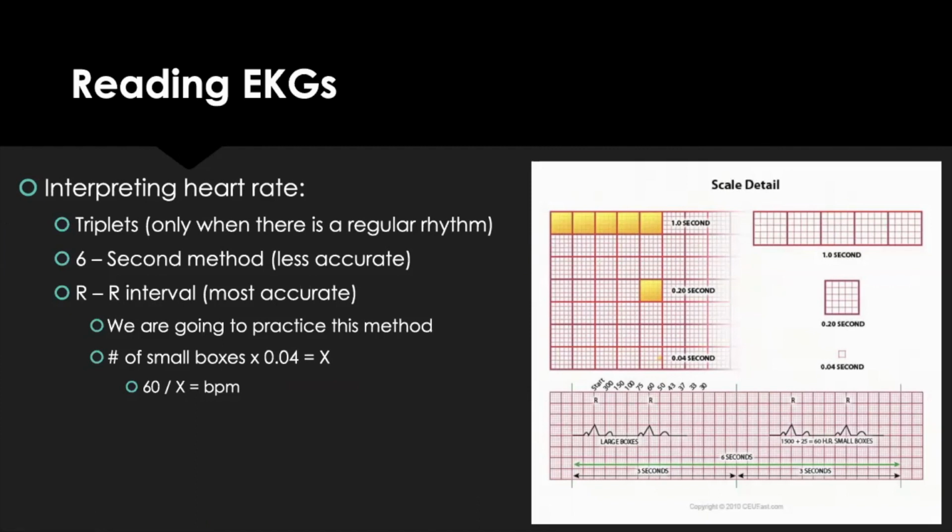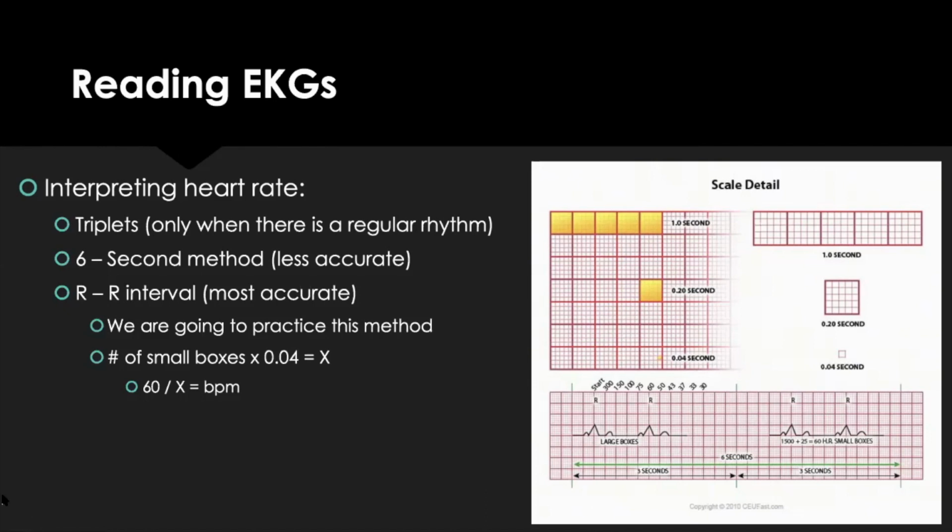All right, so I already went over this in the interpreting EKG lecture, but I will briefly go over this again. Each one of these big boxes is 0.2 seconds long, and each one of these little boxes is 0.04 seconds long. And you can use this to determine different rhythms of the heart and arrhythmias, and you can determine heart rate through these EKG boxes.